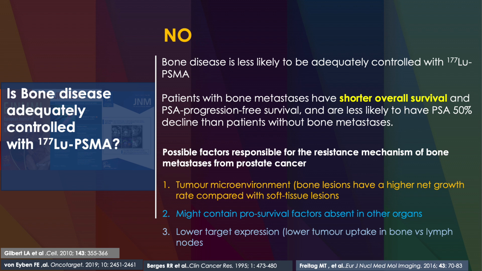Basically, bone lesions have a higher net growth rate compared to soft tissue lesions. Secondly, they might contain pro-survival factors which are absent in other organs, and also low target expression, because the lower tumor uptake in bone when compared to lymph nodes may be the cause why bone disease will not be adequately controlled with lutetium PSMA therapy.